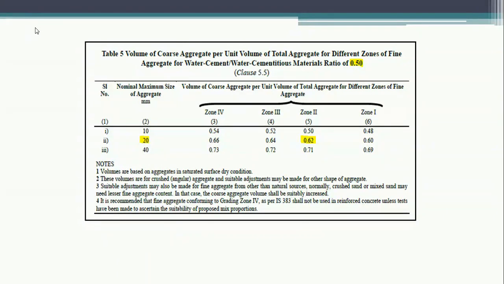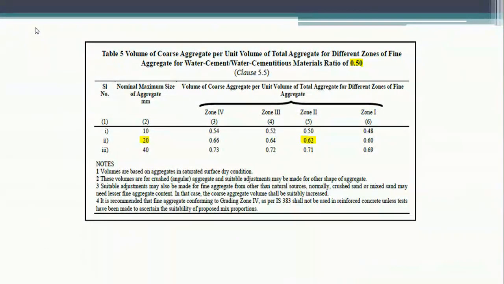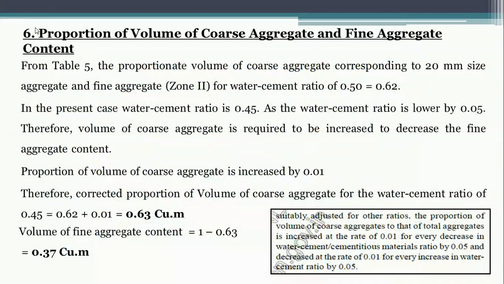So maximum size of aggregate used is 20, and in the first data of the problem we have referred that fine aggregate is confirming to zone 2 of IS 383 2016. So for maximum size of aggregate 20 and for zone 2 the value is 0.62. I have highlighted it. So that 0.62 value is for the water cement ratio of 0.5. It is given in the table.